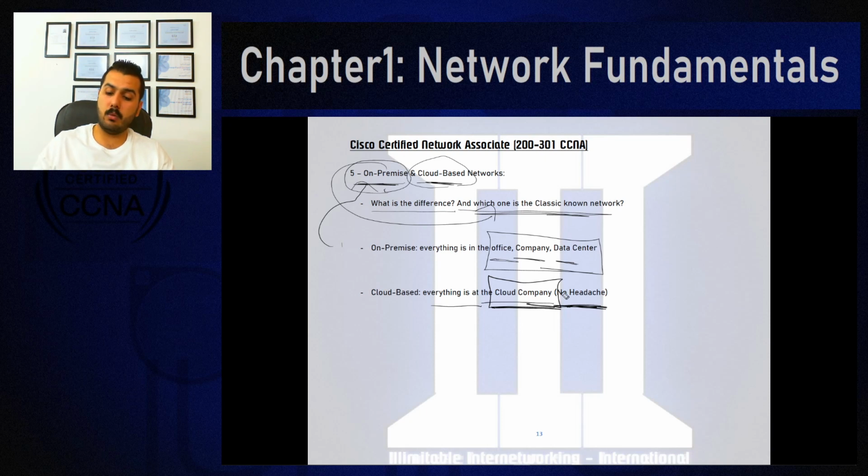Cloud companies are establishing this new feature, where you can purchase and sign with them an entire data center, from small to big data centers, depending on the number of devices, their type, the way they are managed, cabled, and designed together. But it's inside the data center of this cloud company, not inside your company.